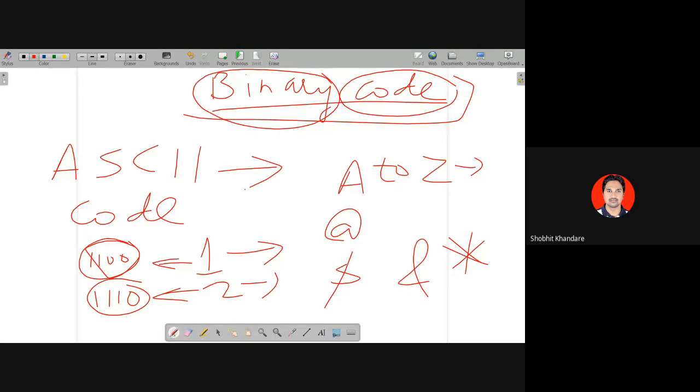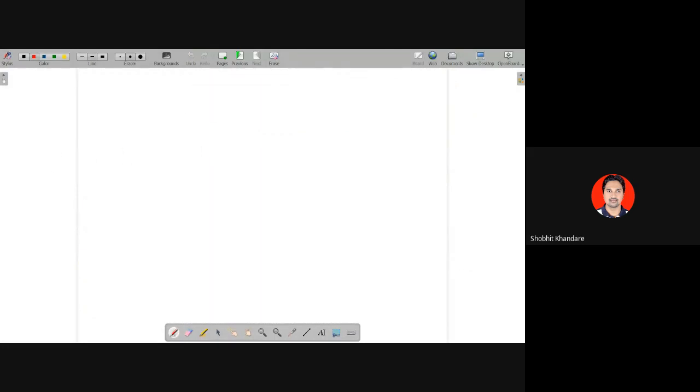Okay, so we are going to understand what the different codes are. As far as binary codes are concerned, there are different binary codes. Like the example I gave you, ASCII code, similarly there are 2 or 3 important different codes. So which are they? As far as binary codes are concerned, you have to understand 2 important codes.